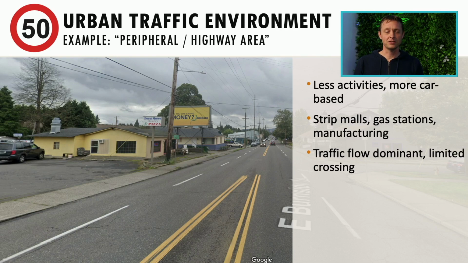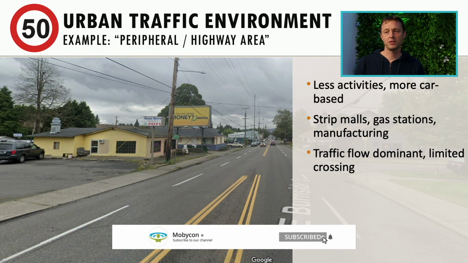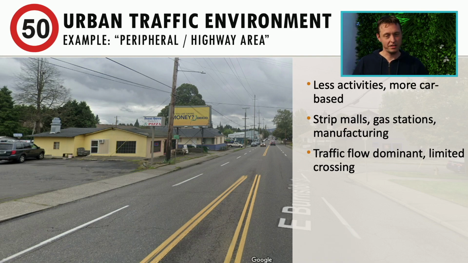That means a lot of people need to arrive there by car, or by truck if there's delivery. And it also means that here it's no problem that the car is dominant. Maybe in some areas even trucks can be the dominant normative vehicle family for the actual design. And there's not a lot of crossing here, and maybe we should still think of something for people to walk and cycle, but this is definitely a car area.